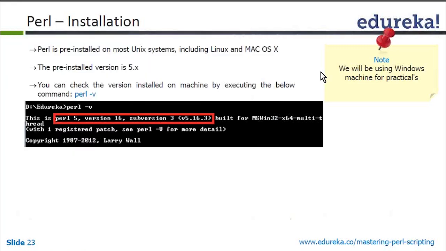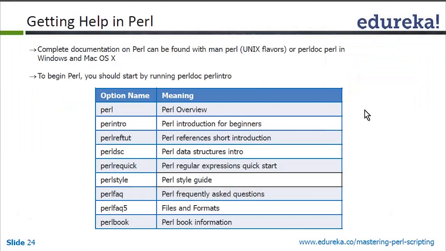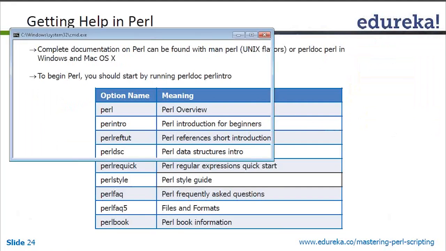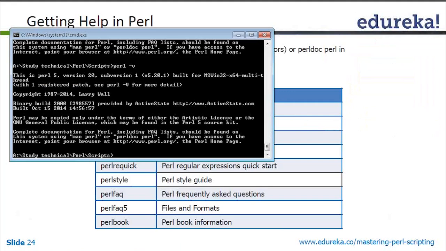So getting help in Perl. As I told, there is very huge documentation available in Perl. This is called Perldoc. This is my Windows system. I have opened a command line where I can type the Perl commands.